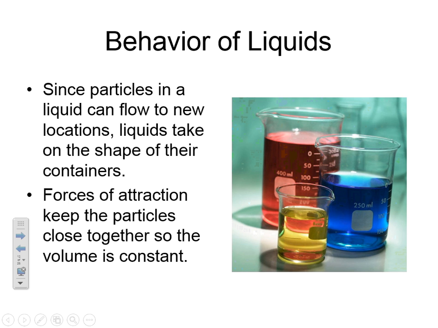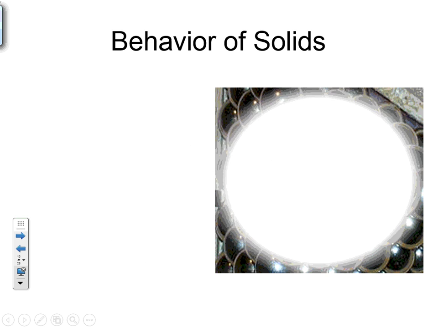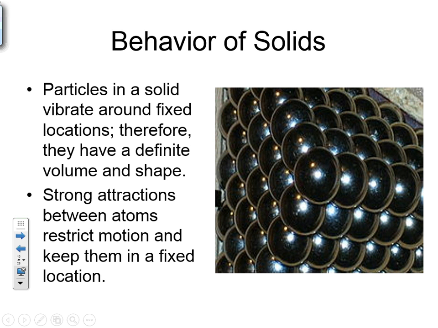All right. Then lastly, solids. Remember, solids are the closest together of all the particles. Particles in a solid vibrate around fixed locations. So the molecules of a solid are so close to one another that when they move, they're not like gases and liquids where they're just kind of flying around.